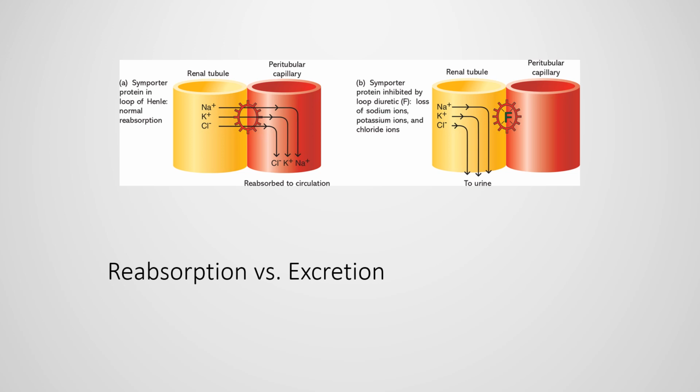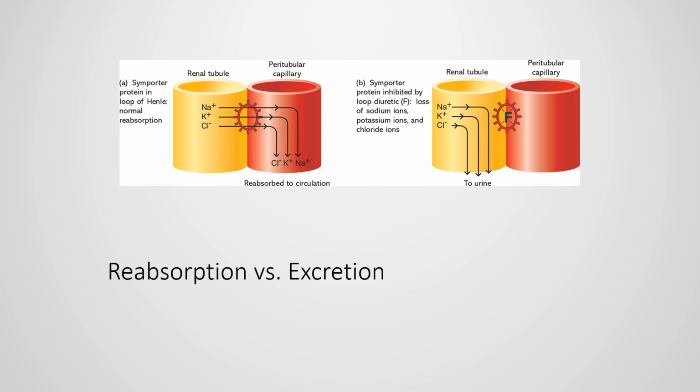So from the renal tubule, or the nephron, back into the bloodstream is reabsorption. What's secretion? Capillaries can secrete, after the glomerulus, by the way. They can still secrete electrolytes and other chemicals from capillaries into the nephron. That is secretion. So that's the other direction.